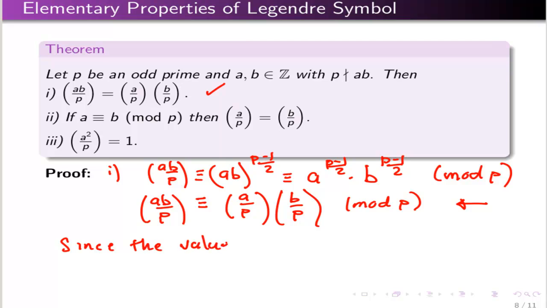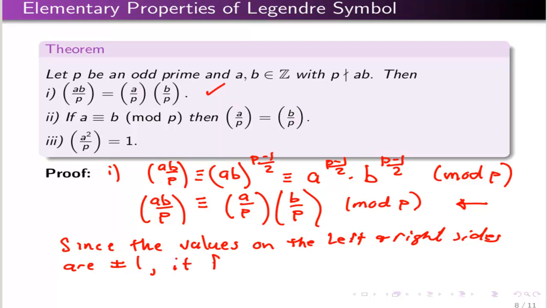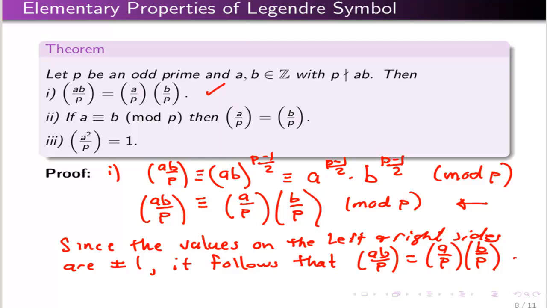The values on the left and right sides are plus or minus 1, so how is it possible to have a plus 1 congruent to a negative 1 mod p? That's the question. Well, you can't have it. It follows that (ab over p) equals (a over p) times (b over p).